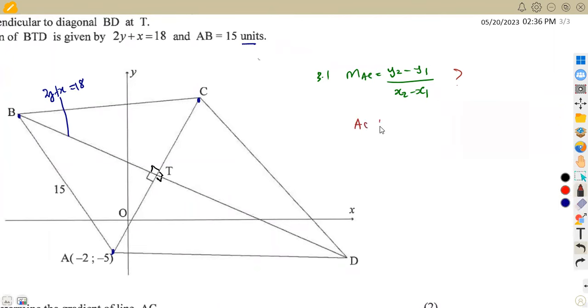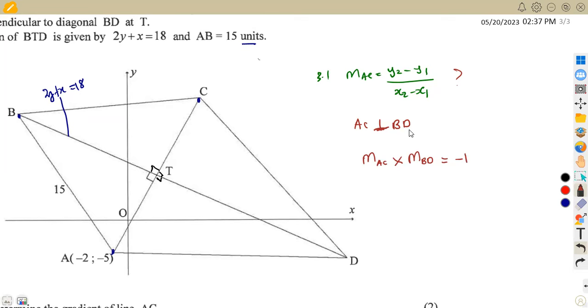AC is perpendicular to BD. What does it mean if these two lines are perpendicular? It means that the product of their gradients, that is the product of the gradient of line AC and the gradient of line BD, is going to give us -1.